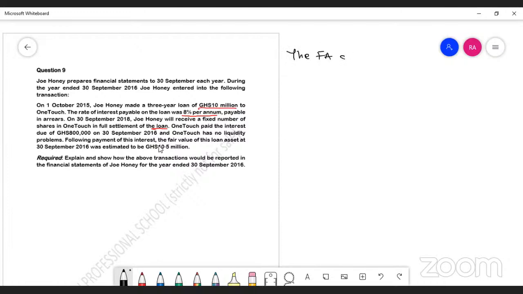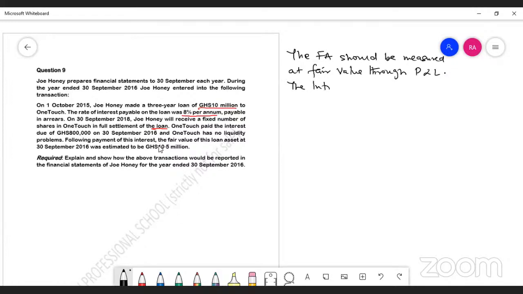the financial asset should be measured at fair value through P&L. Why?